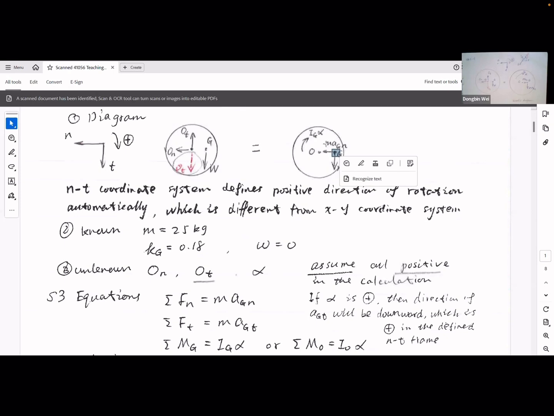The reason is because alpha is clockwise. So AGT here must be downward.